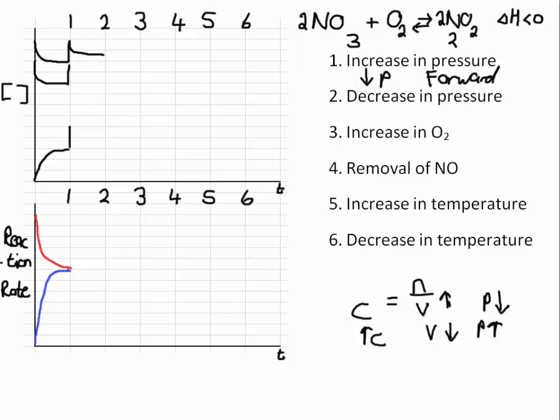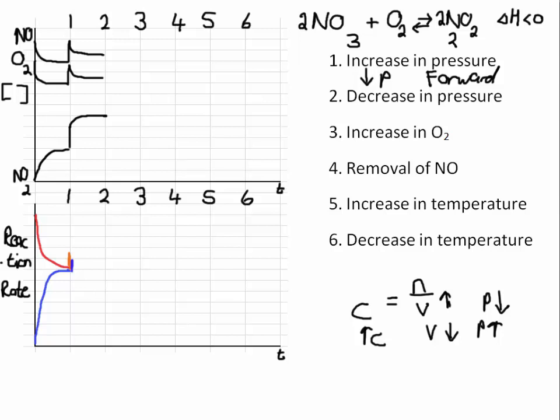When the forward reaction is favored on our graph, we see that our NO and our O2 will show a gradual decrease. And of course, our NO2, our product, will show a gradual increase. So just remember that that's what we have on our y-axis here. If we now have a look at our rate of reaction, remember that for both, the concentration increased, which means that the reaction rate will increase.